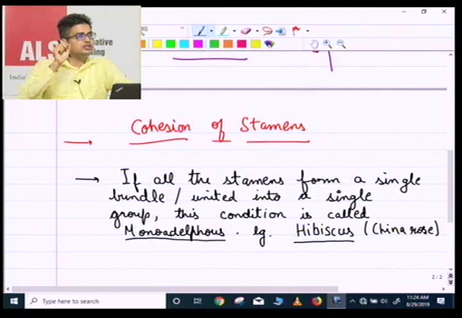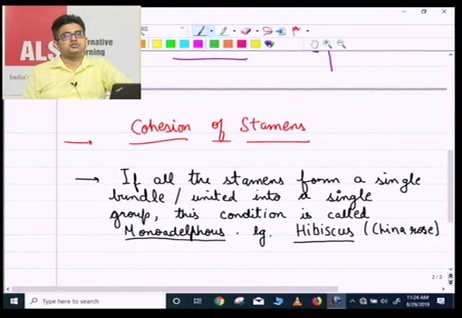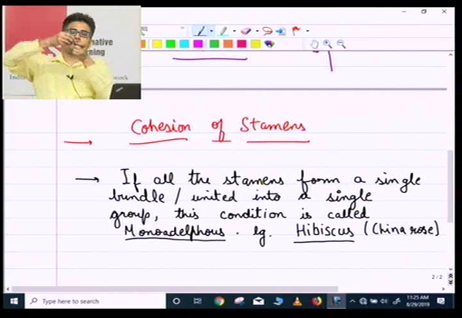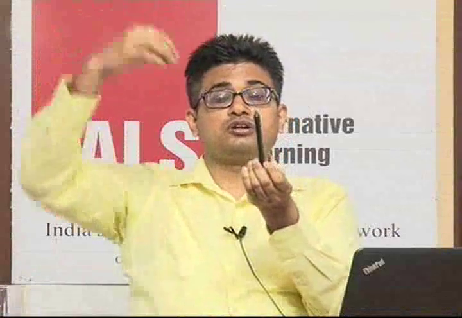If you carefully remove the tube, you will find that it is hollow, and inside it is a white colored structure, which is the stigma and the style. If you carefully remove the red outer part, you will see all the stamens coming out from this tube in the form of a single bundle. So this is called a monoadelphous condition.